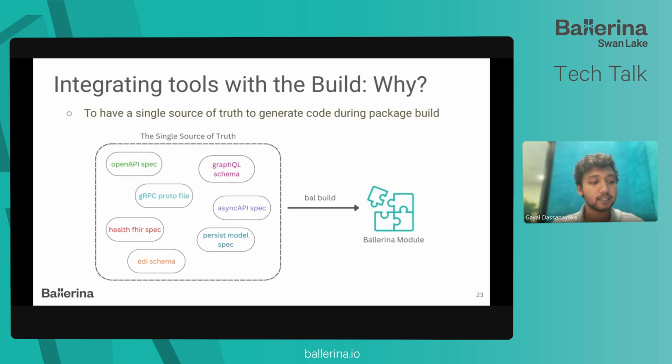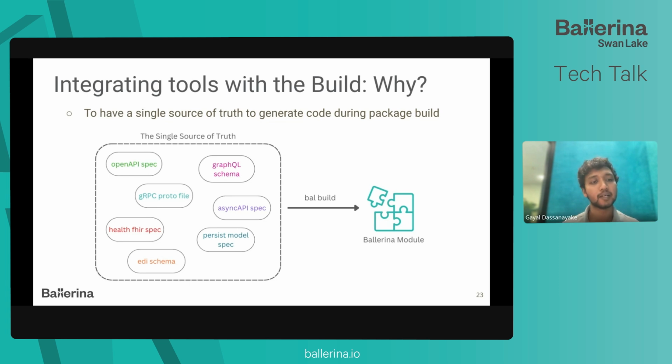However, let's say the third-party service got changed, and as a result, your OpenAPI specification is different now. So now your client might not even be compatible with the original service. So this can be a problem.